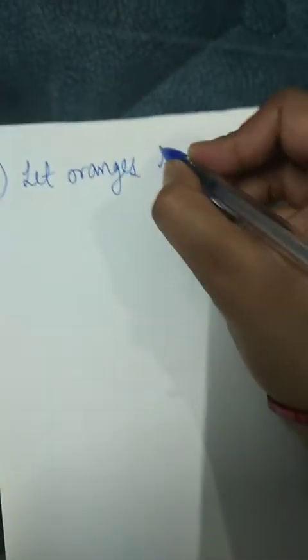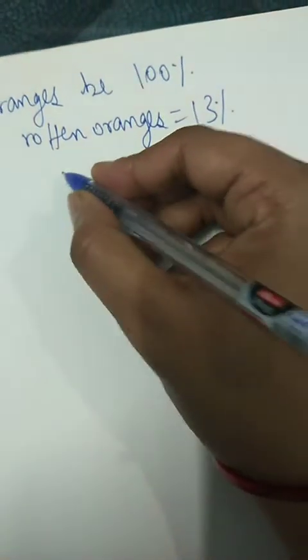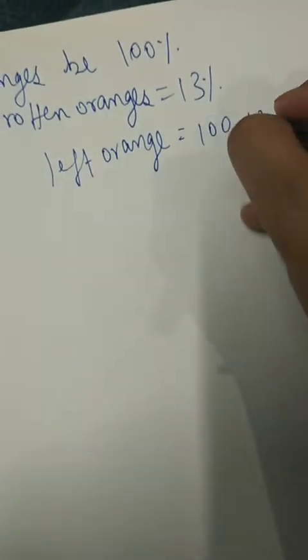So let the oranges be 100%. So 13% were rotten oranges. So the left oranges are equal to 100 minus 13.